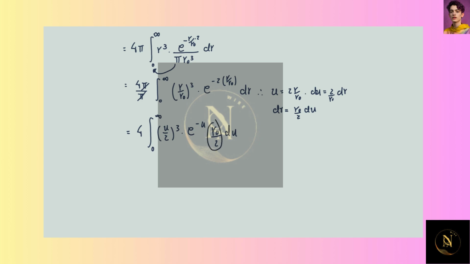Putting these factors outside and this factor of 2 to the cube outside, we have 4 times r0 divided by 2 times 1 divided by 8, 2 to the cube, times the integral from 0 to infinity of u to the third times e to the minus u du, and this is equal to r0 over 4 times the integral from 0 to infinity of u to the cube e to the minus u du.